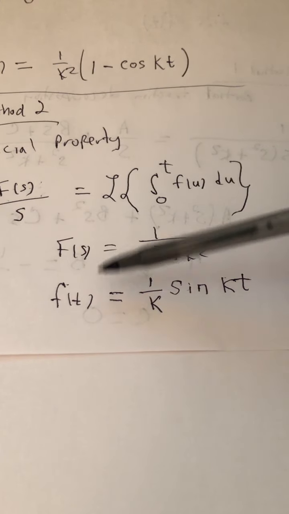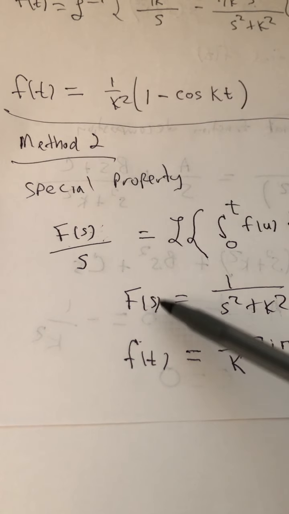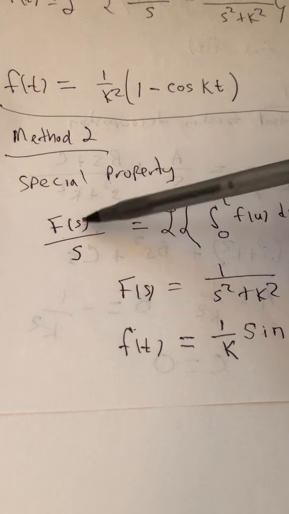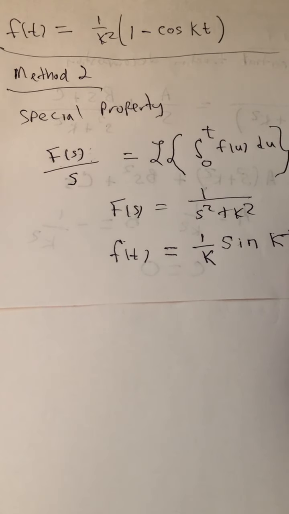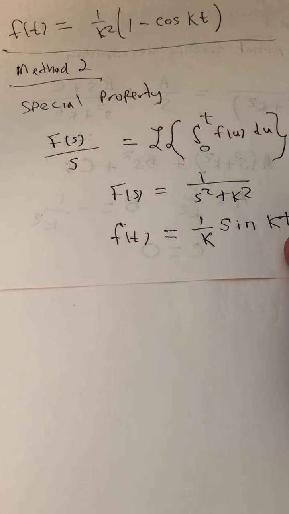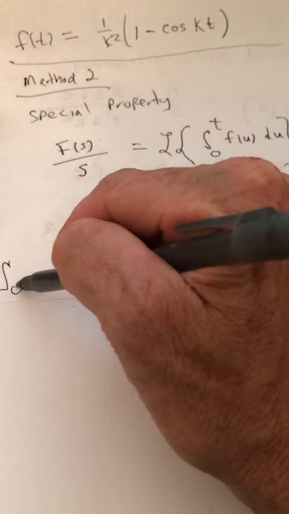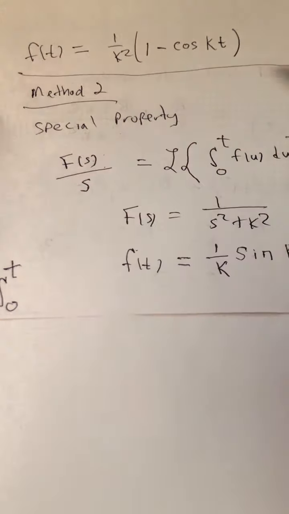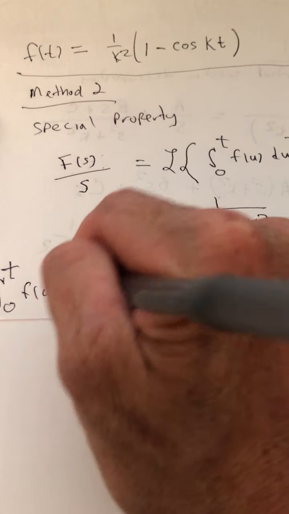Now, what we have to do is integrate. You see, we didn't have F of s. What did we have? We had F of s divided by s. So the integral from 0 to t, replace t with u, of f of u du.